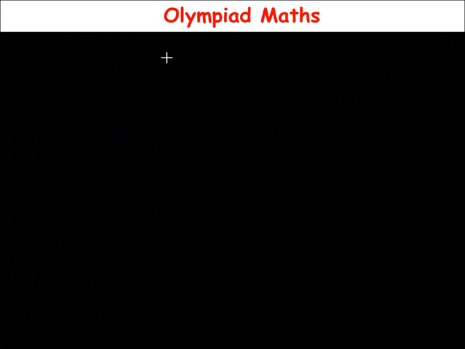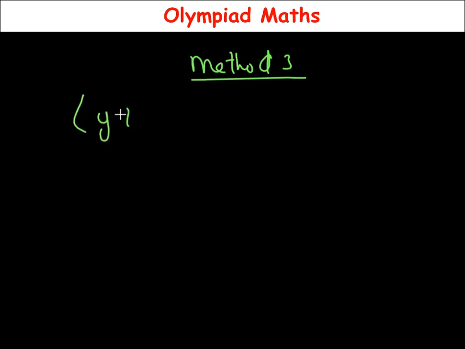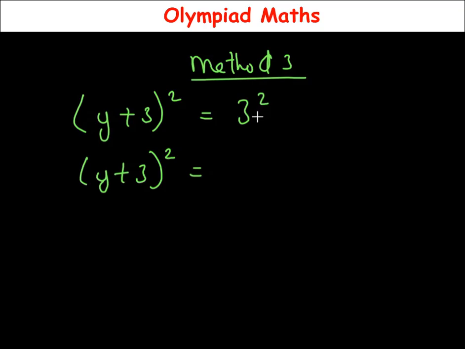For the third method, method 3, the problem is given to us as (y + 3)² = 3². Here, 3² is 3 times 3, and that is 9.